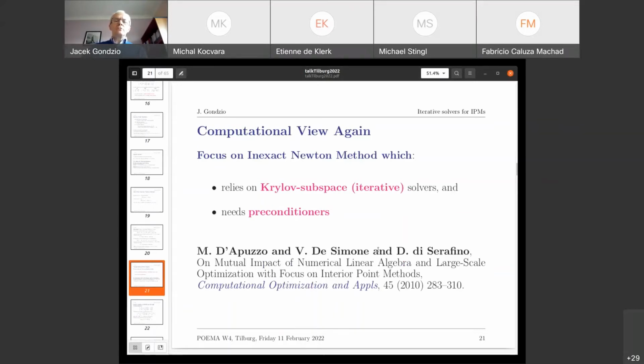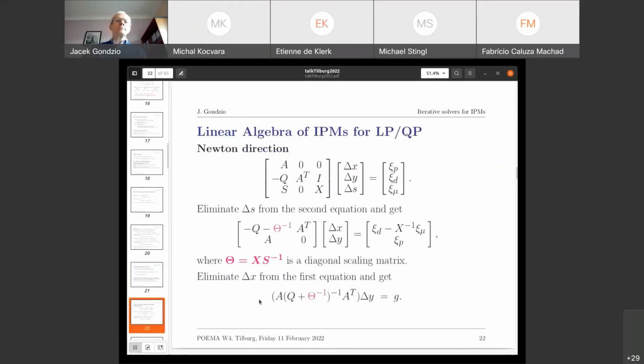And let me just mention that there is a nice survey paper of Italians, Marco D'Apuzzo, Valentina De Simone, and Daniela di Serafino, who looked at all the linear algebra aspects of large-scale interior point methods. So you may have a look at it.